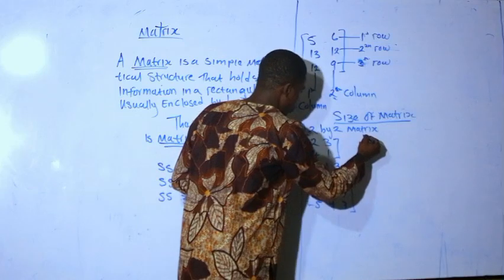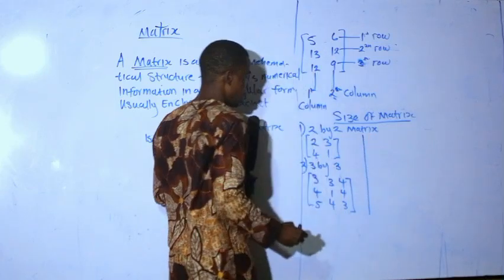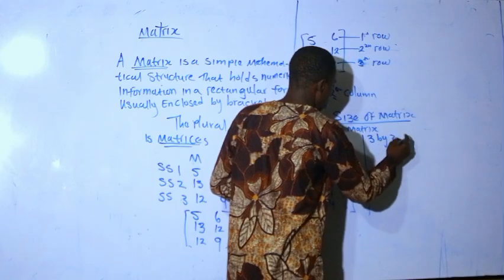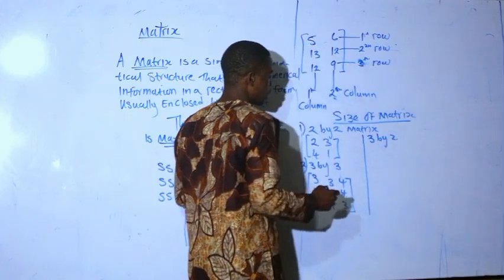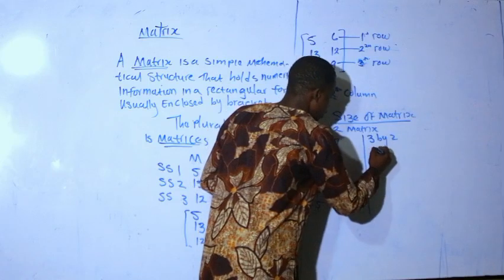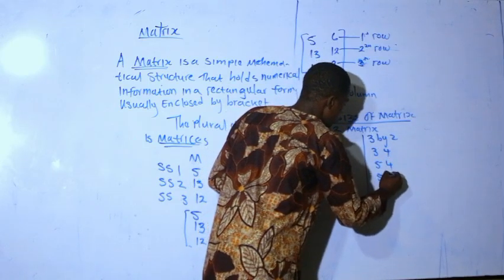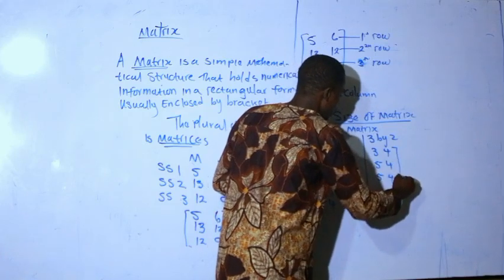Let us look at another one. We have 3 by 2 matrix. Like this.